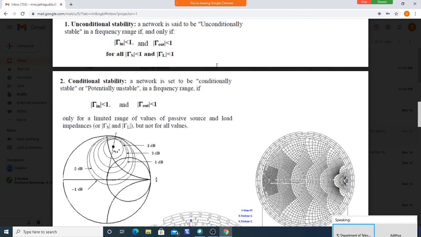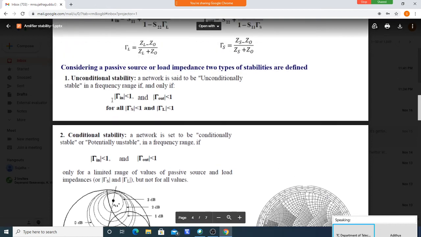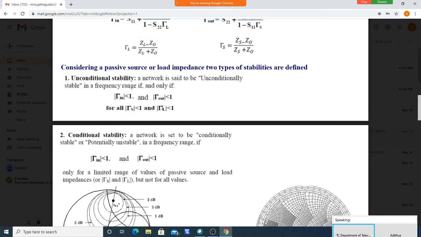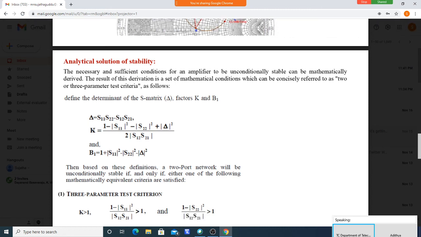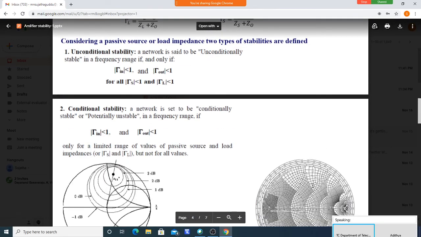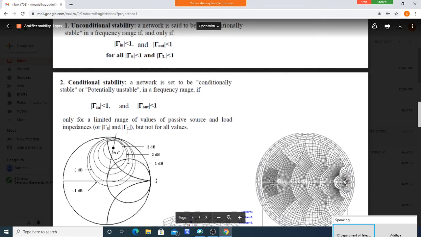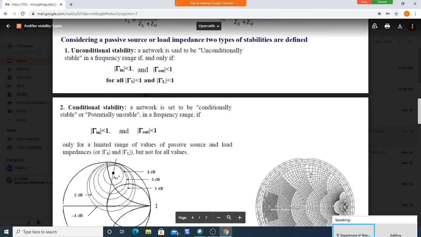Unconditionally stable means you can take any value over this Smith chart, any impedance value, and Γin and Γout are always lesser than 1. In such a case, based on the values of delta and K, K must be greater than 1 and delta must be less than 1. Then automatically any value you take, Γin and Γout are lesser than 1. That means unconditionally stable.